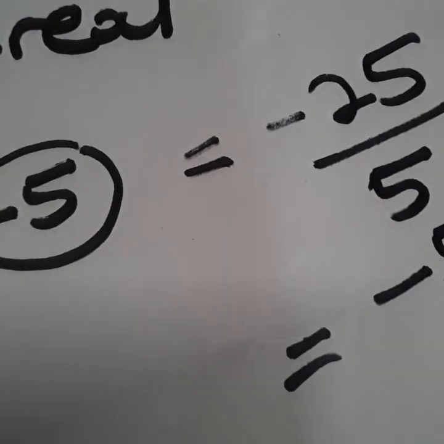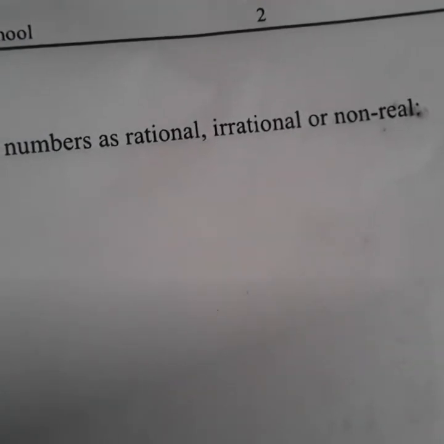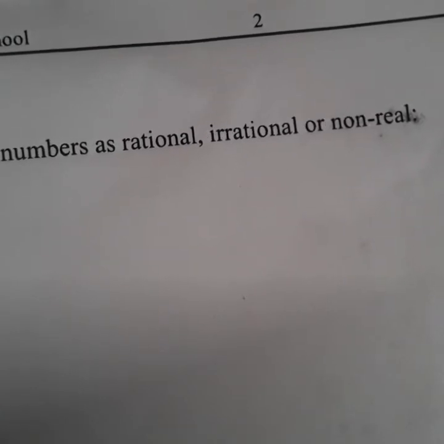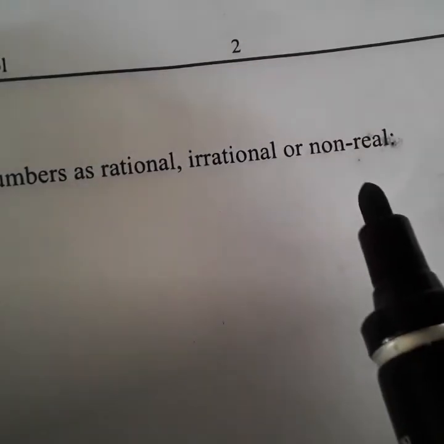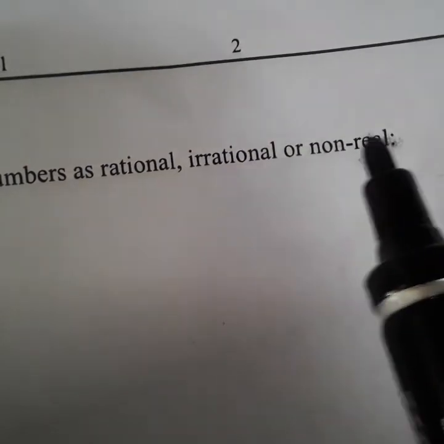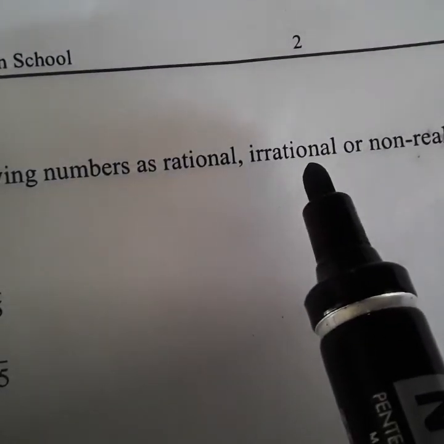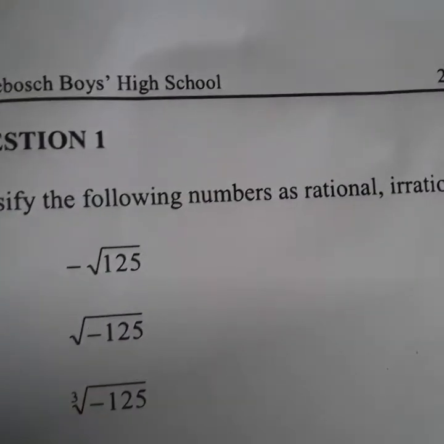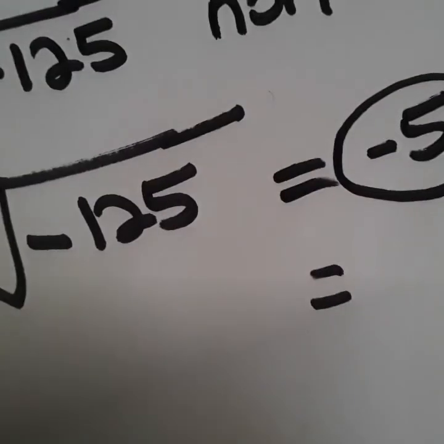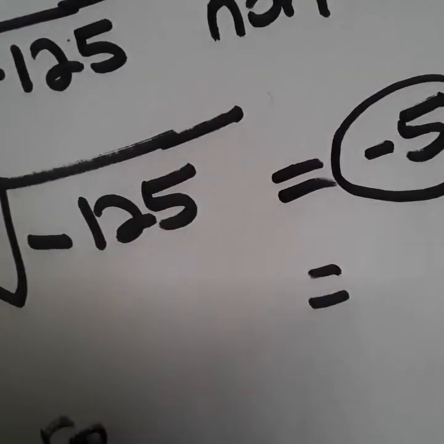The question said, classify the following numbers as rational, irrational, or non-real. The number is a real number, so non-real falls away. The number can be written in the form of a fraction, therefore it is not irrational. So it is rational. Therefore, the cube root of minus 125 is rational.